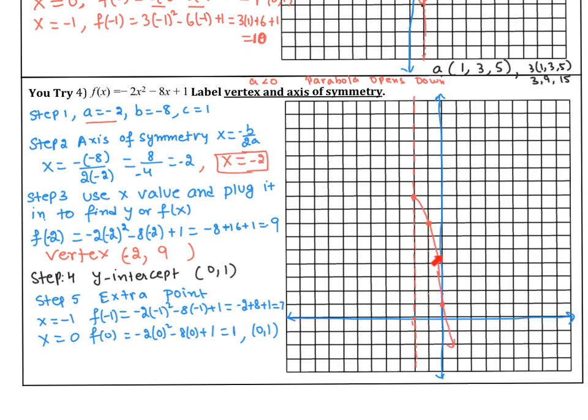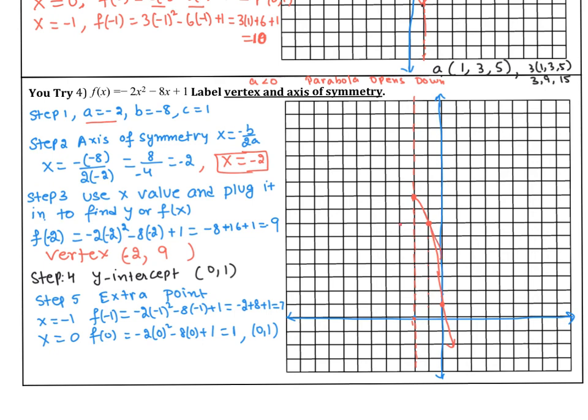So I got one side already, and now I'm going to get the other side. Just remember, this is my line of reflection, or axis of symmetry. My other side is going to be just the mirror of this side.